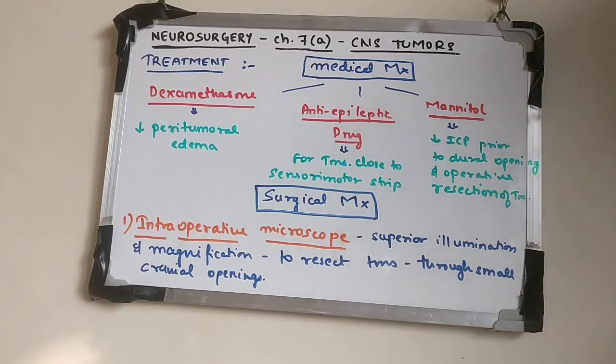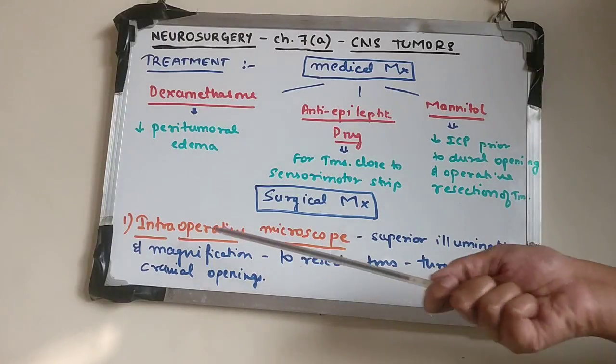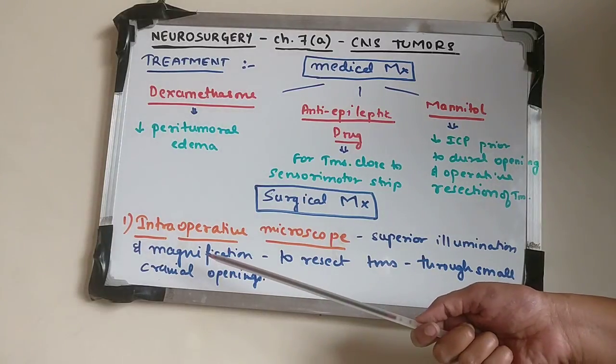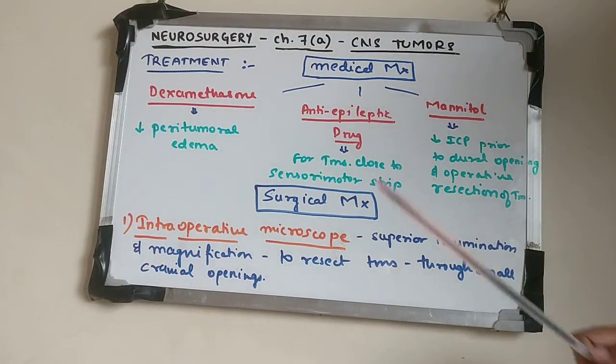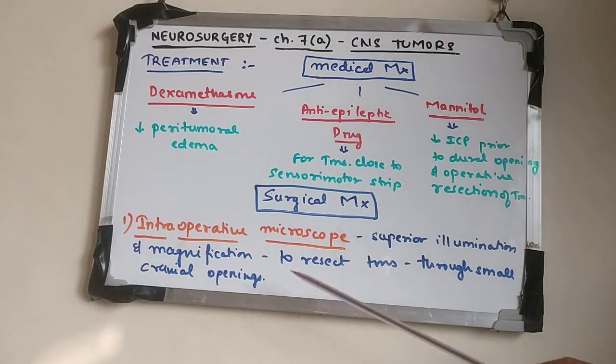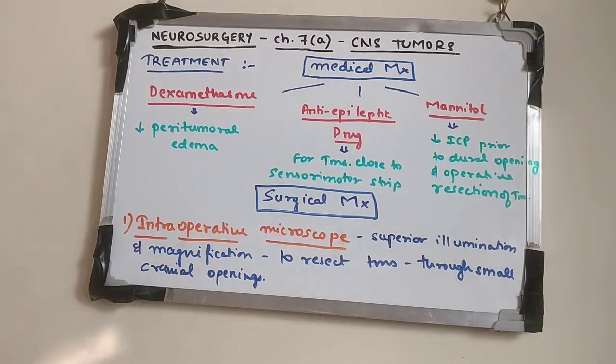Now surgical management, general aspects. The intraoperative microscope, this technique provides superior illumination and magnification, thereby allowing resection of tumors from critical areas through small cranial openings. So you needn't dissect much areas of the brain using intraoperative microscope.